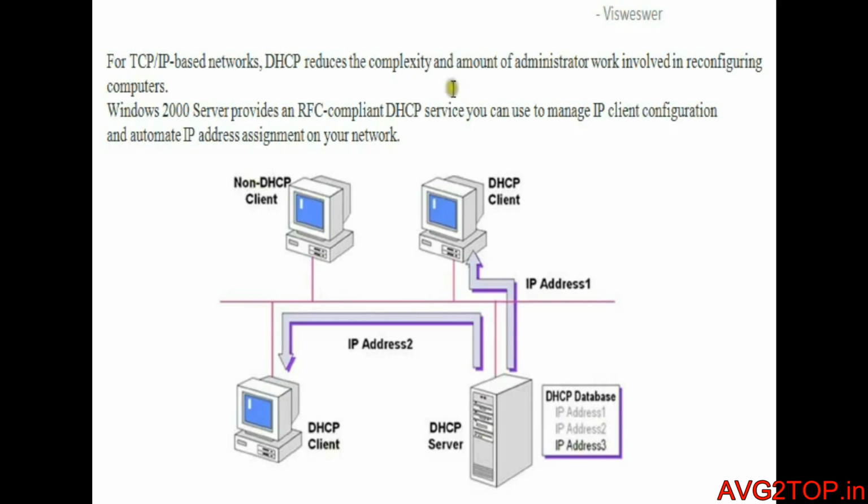Once either of these two computers is turned off, that IP address also gets reserved here. So this is what DHCP means. It dynamically gives an IP address to all the host computers within your local network.